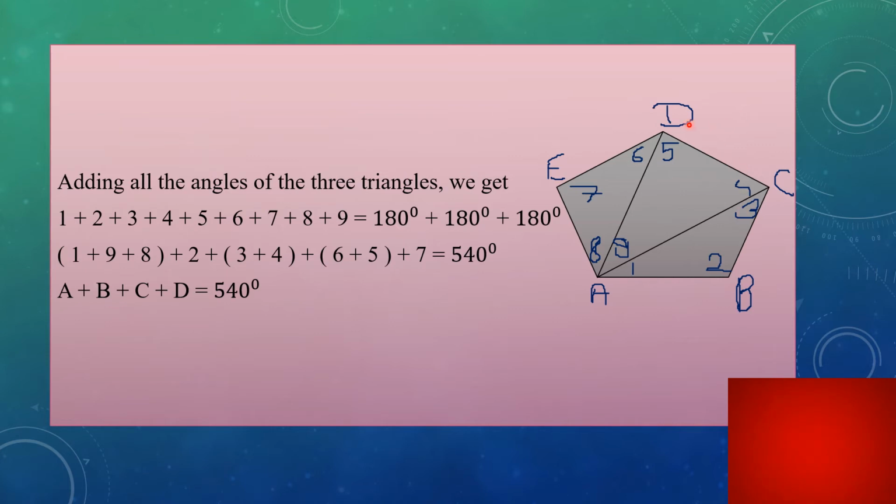Then angle D is angle 6 plus angle 5, and angle 7 is angle E. So therefore we get angle A plus angle B plus angle C plus angle D plus angle E is equal to 540 degrees. So it means class, the sum of interior angles of a pentagon is 540 degrees.